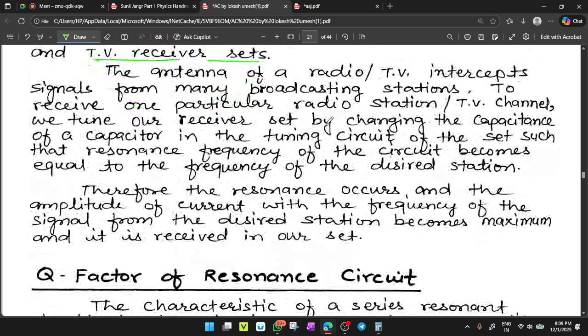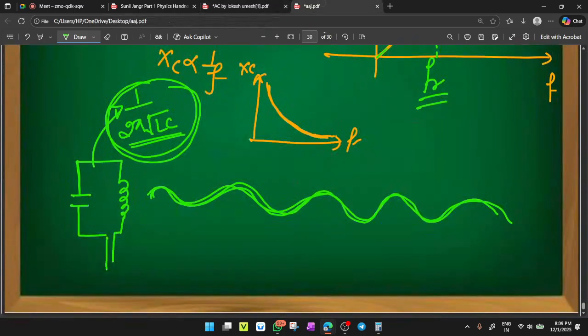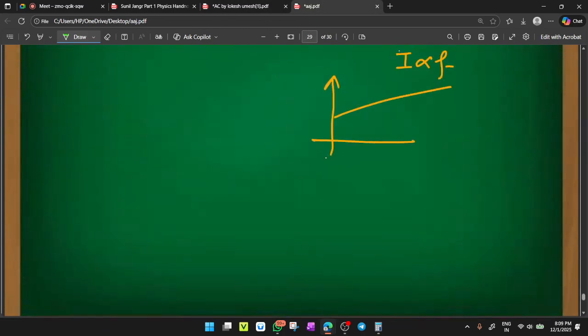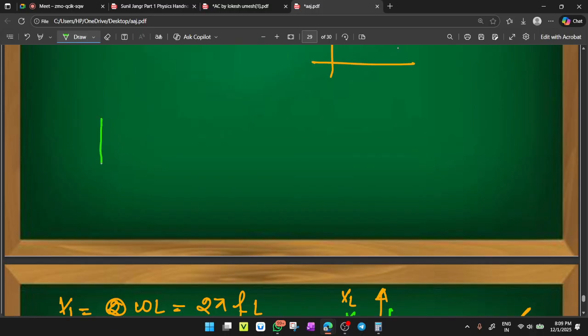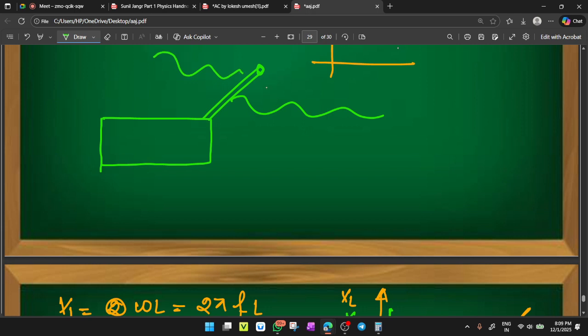The antenna of a radio or TV intercepts the signals from many broadcasting stations. This is a radio set or TV set, it has an antenna, and this antenna receives the signals from many TV channels or radio channels.